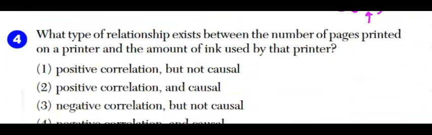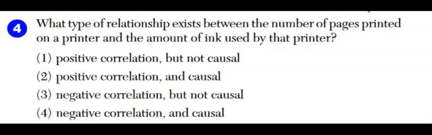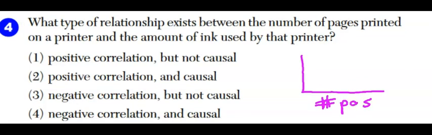Let's take a look at the last question. What type of relationship exists between the number of pages printed on a printer and the amount of ink used by that printer? All right, so the relationship would be a comparison of the number of pages printed and the ink used. So if I print 1 paper, I've used about this much ink.